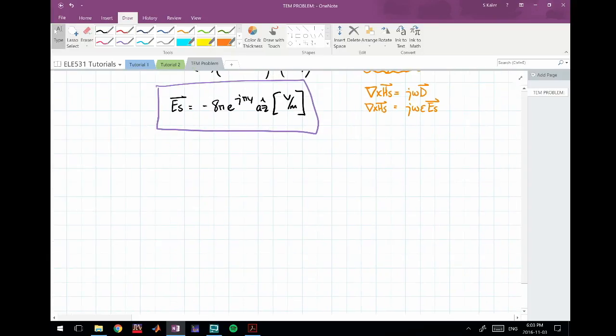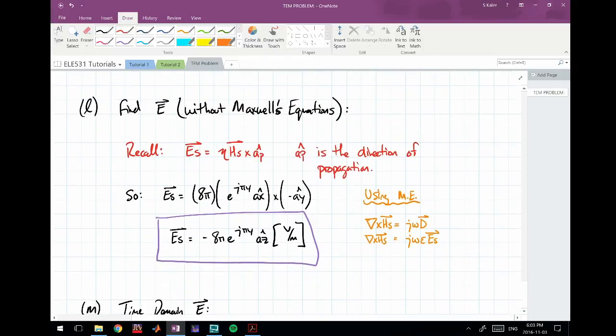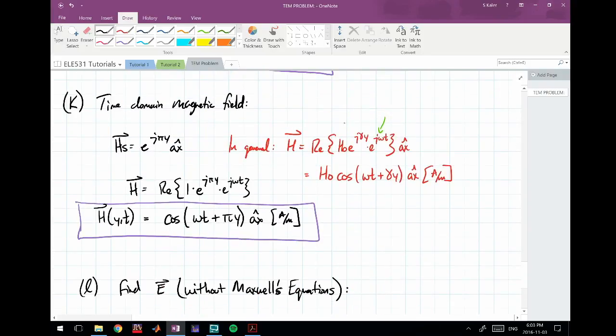Part M asks us for the time domain electric field. And so we do the exact same thing we did last time. We consider that e to the j omega t, this thing. So this expression here applies to every real and imaginary, or phasor to time domain, whatever you want to call it.